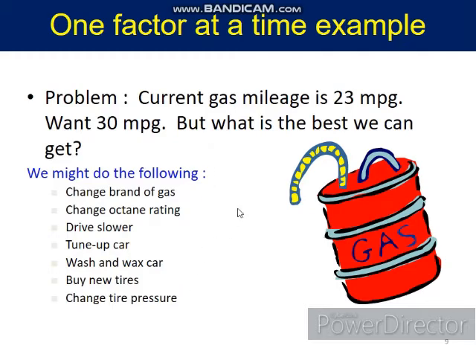So now you have to look at this scenario and come up with the objective, which is maximization of the miles per gallon of the car, and look at the factors that might affect it. Okay.